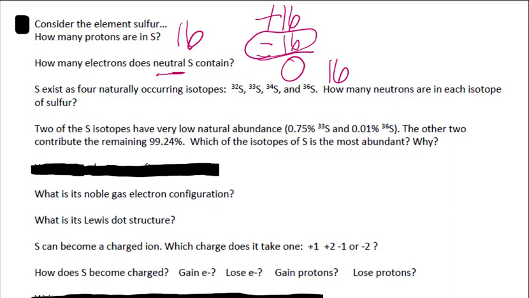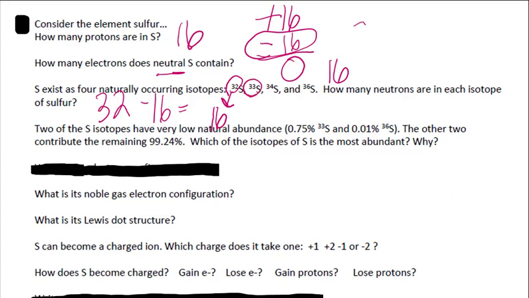Now it tells me that sulfur exists as 4 naturally occurring isotopes. Sulfur 32, 33, 34, and 36. How many neutrons are in each isotope? Well, we're going to take this mass number, 32, and we're going to subtract 16 protons. So we would have 16 neutrons in this guy.